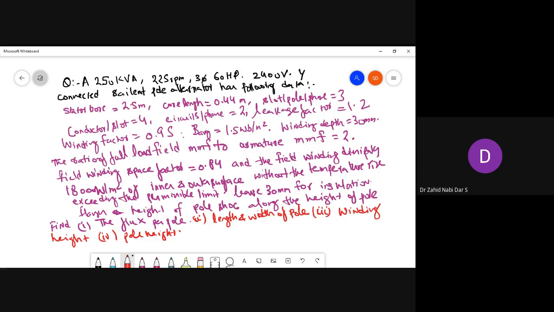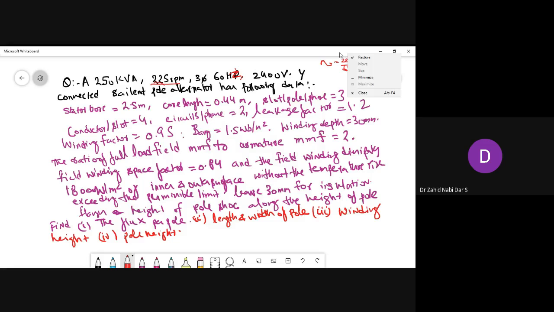Or if rpm is given, that is 225 rpm, so Ns would be 225 divided by 60, so you get the value of Ns. The frequency over here is 60 hertz.